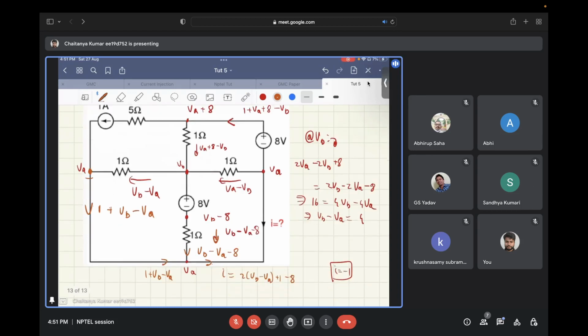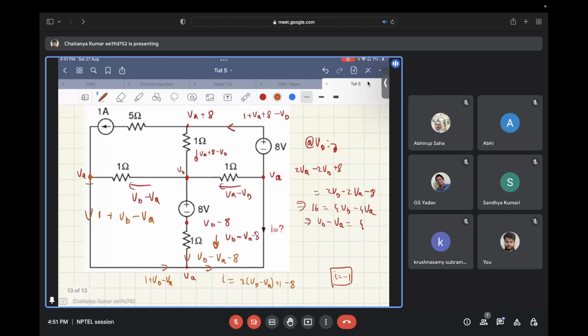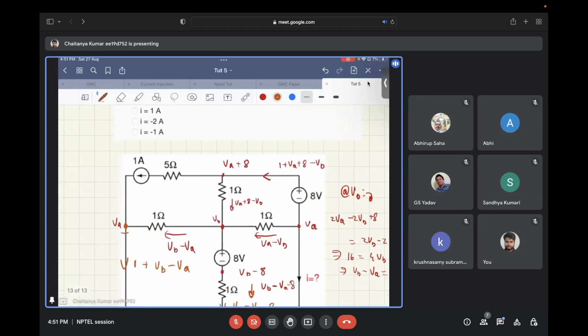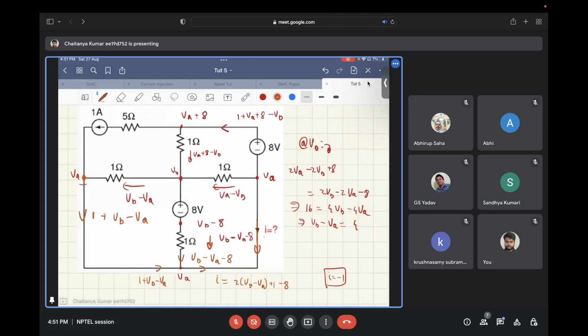Actually, the direction of current is opposite, so minus I is equal to 2 times VB minus VA plus 1 minus 8. Now VB minus VA, while you applied KCL at the central node, you got as 4.